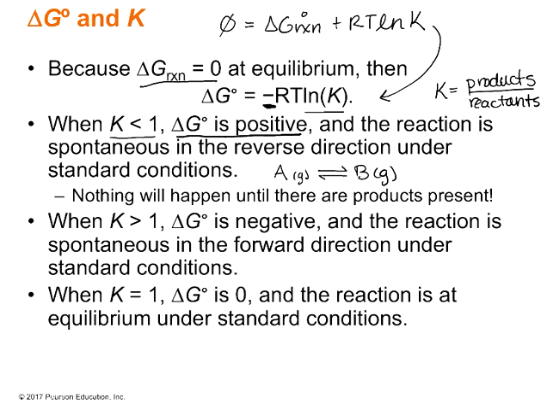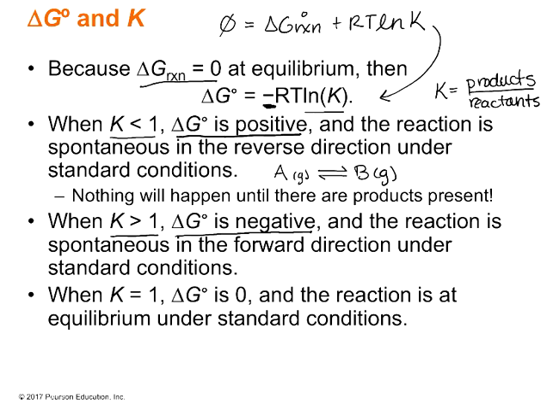Now, if K is greater than 1, then the natural log of K will be positive, and then we multiply that by a negative, which gives us a negative value of delta G. And we know that when delta G is negative, that means the reaction is spontaneous. The other way to think about this, if we have a large value of K, that means we have a ton of products. So that means the reaction in the forward direction is spontaneous.